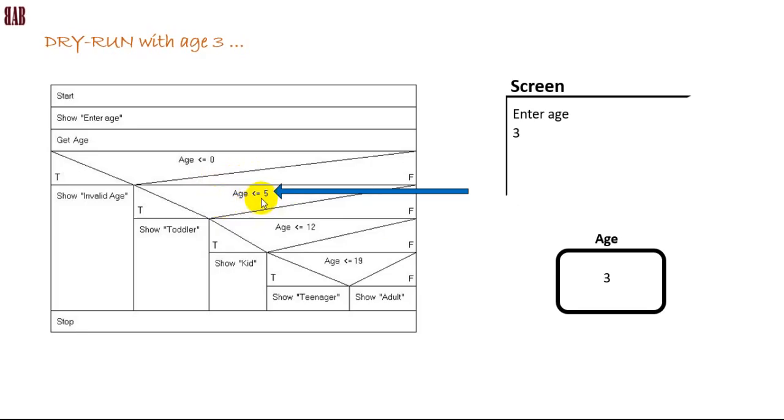Age is 3, so 3 is less or equal to 5? Yes, true. So you go to the true side and say show toddler. It will say toddler, and after that you come to the end because the next line happens to be stop. So when you enter 3, it said toddler, right?